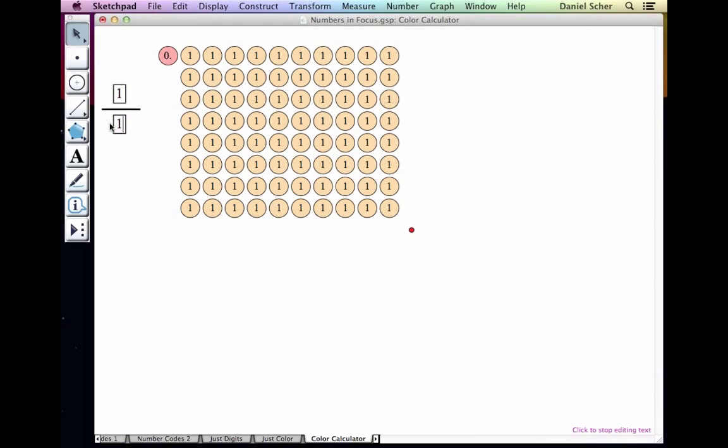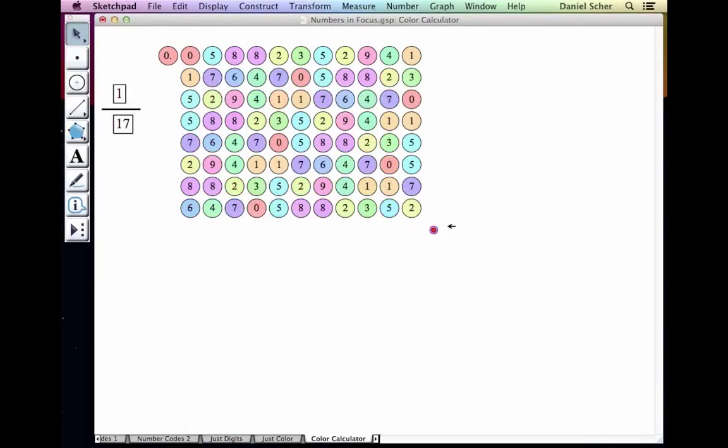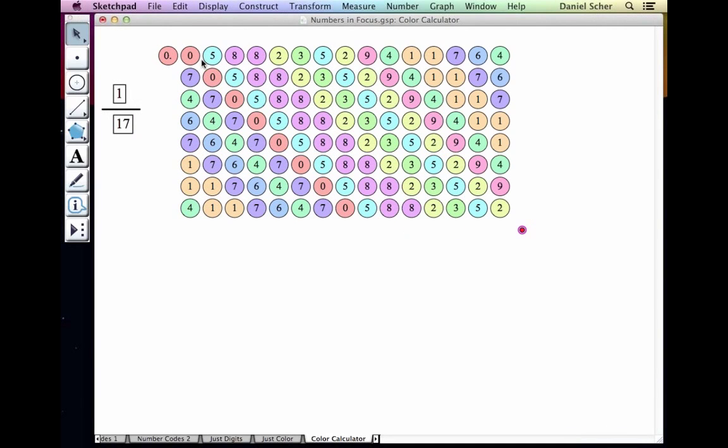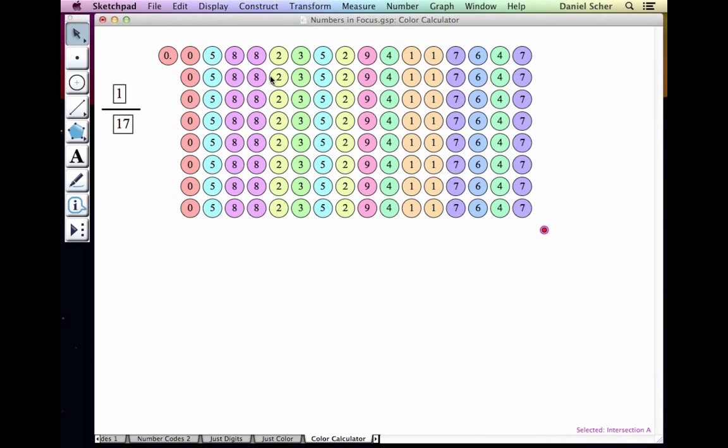This one, if we look to see how long it takes to repeat, this one takes a while. Here we see the diagonal patterns, and we have to go all the way out here to 16 places before we get repetition. If we try 1/19 instead, then in this case we have to go all the way out to 18 before we get repetition.